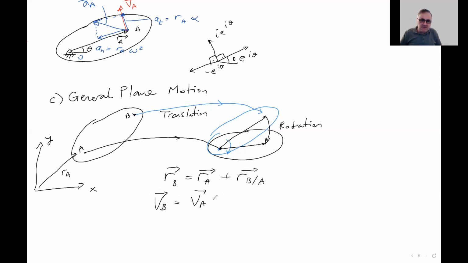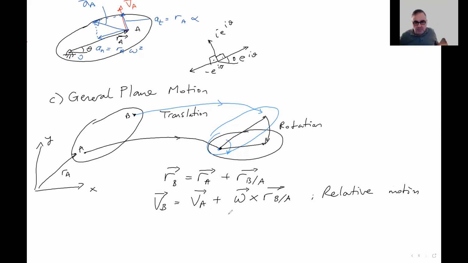This is the translation part. And then there is the rotation part, the derivative of RB relative to A. If this is a rotation about a fixed point A, this will be omega crossed with RB relative to A. So this is a relative motion. This is the translation part, this is the rotation part, as you see.